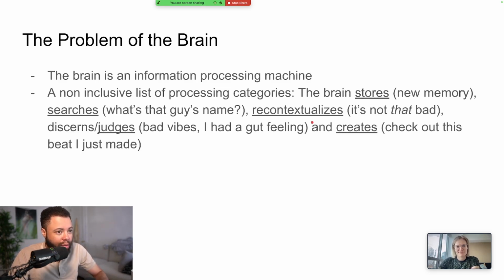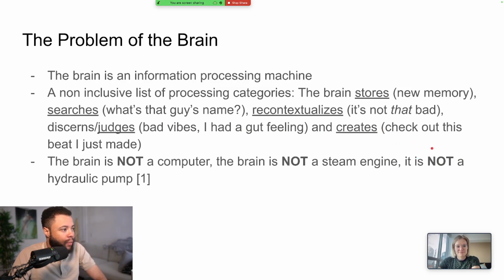And that's literally sometimes a direct replacement, which you can see sometimes through cognitive biases, for example, or just seeing the bright side in something, for lack of a better term. Judgment, which is the ability to look at a piece of information and decide if it's a threat or an opportunity. And then creation, which is the ability to synthesize new information from old information that was already had.